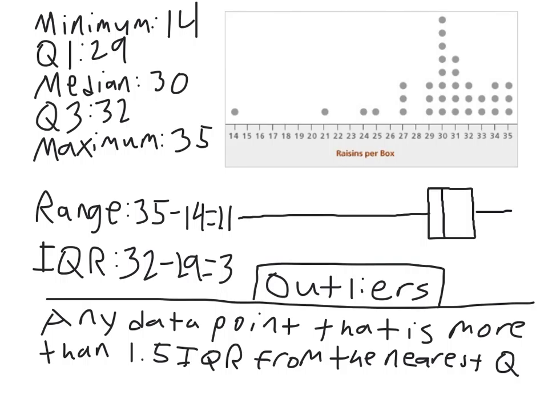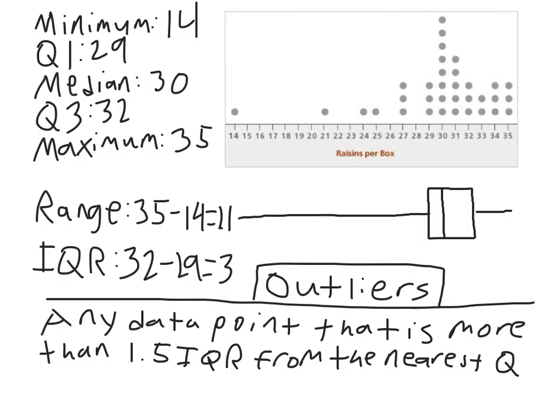An outlier is any data point that is more than 1.5 times the IQR from the nearest quartile. So the inner quartile range is 3. So an outlier would be anything that is 1.5 times IQR from the nearest quartile.